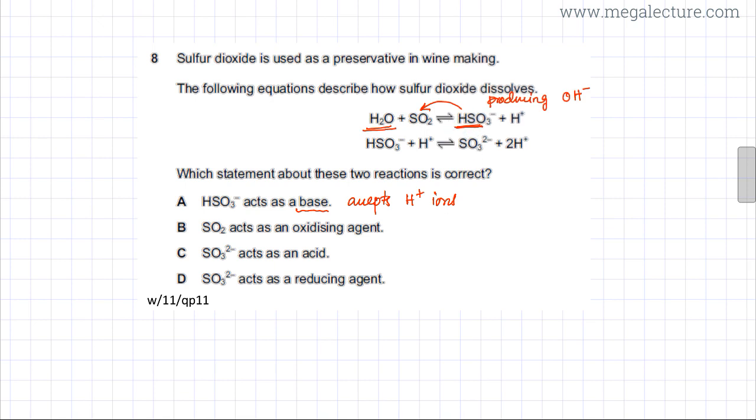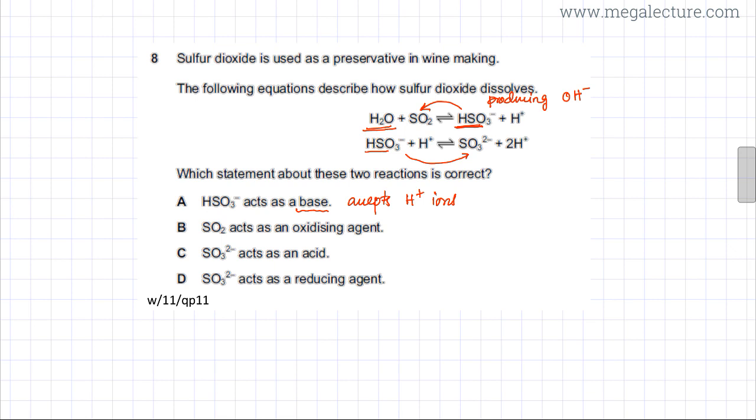So HSO3 minus ion acts as a base in one of the reactions, because if you look at the other reaction, you would notice that it's acting as an acid, because in the second reaction, HSO3 minus on the other side produces another H plus. So initially you had one H plus, now you have two H plus ions.